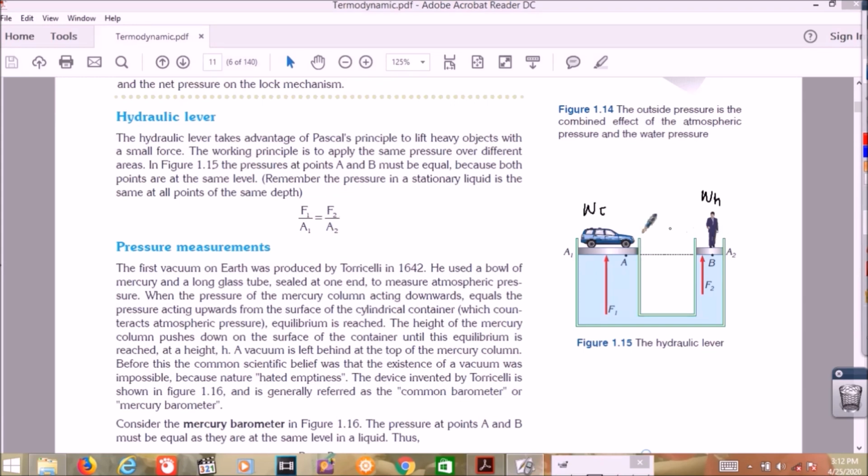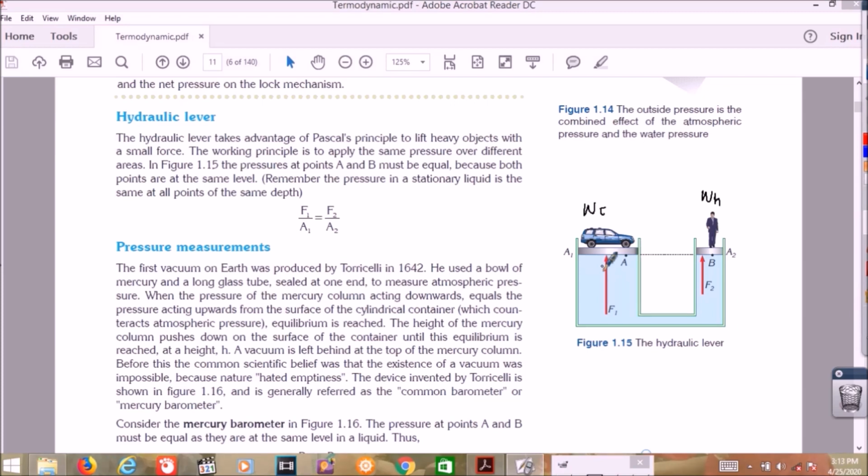So you can lift the weight of a heavy object using a light object when you change the area. For the heavy object you use a bigger area, and for the light object a smaller area, and it can give the same pressure.